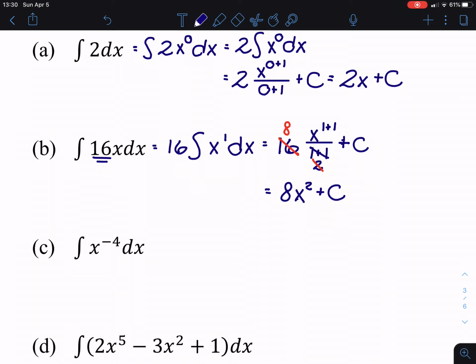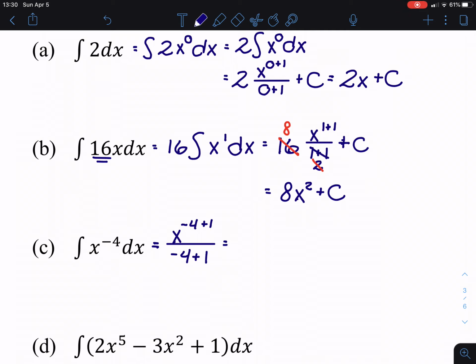All right, next one we have is the integral of x to the negative 4th dx. I don't have a coefficient out in front, so I don't need to worry about moving that out. So I can go right to my power rule. So I go x to the negative 4 plus 1, because I add 1, over negative 4 plus 1.